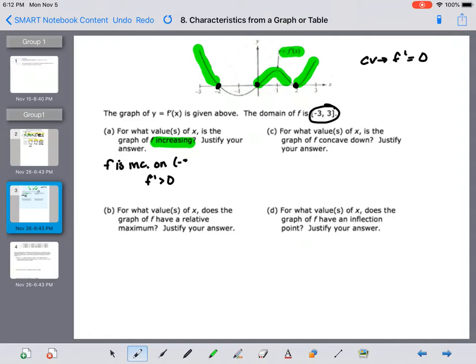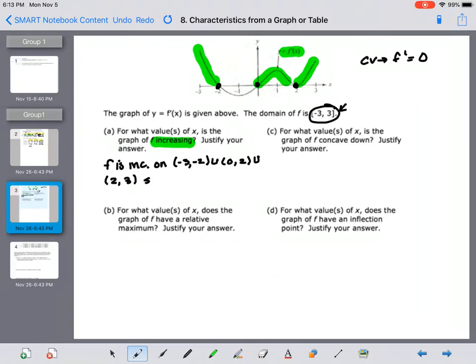So on -3 to -2, that's my first interval. Union from 0 to 2, and union, and I'm going to put the other one right here. Let me erase that really quickly. And from 2 to 3, because my domain again ends at 3.